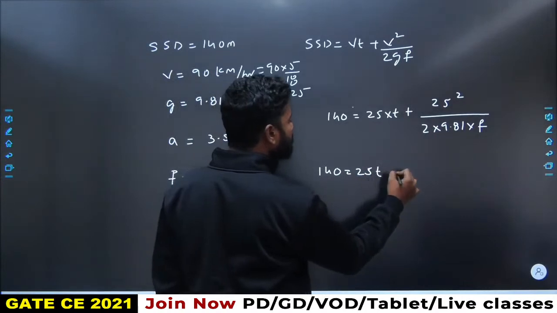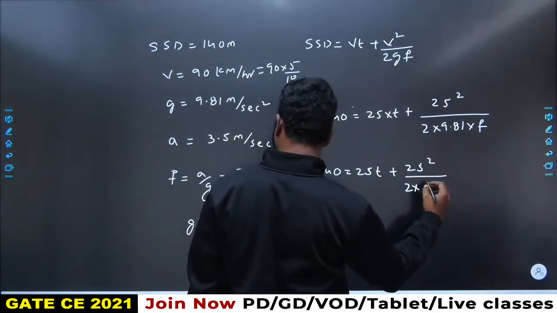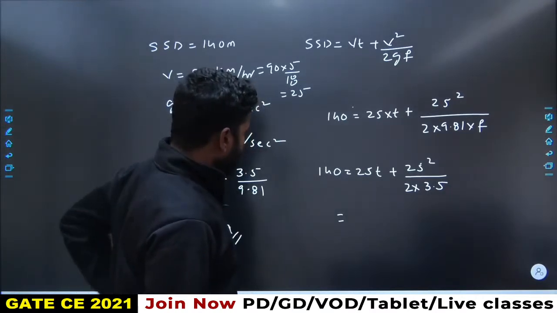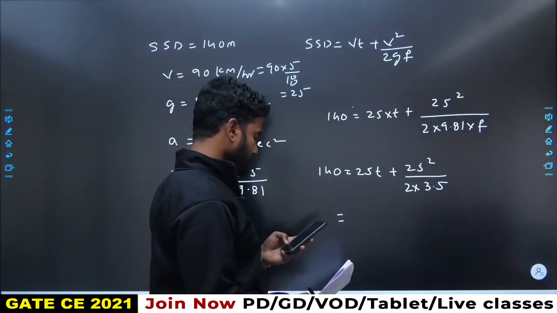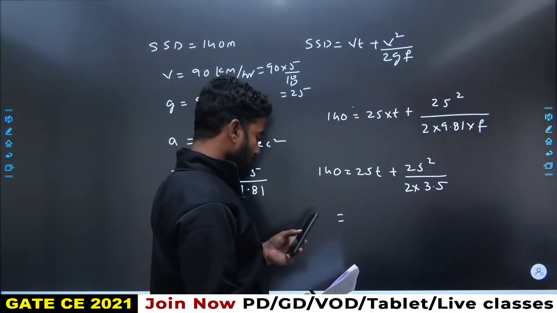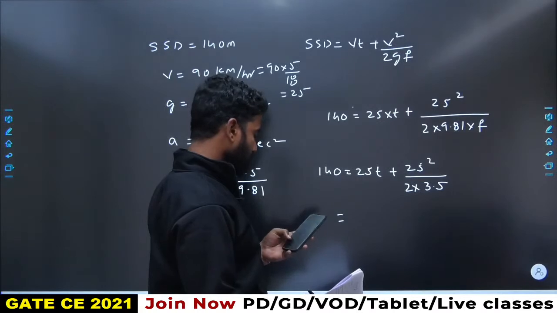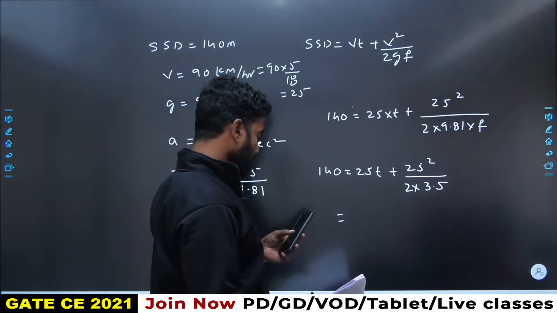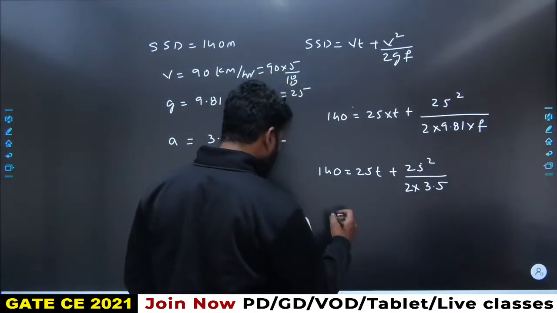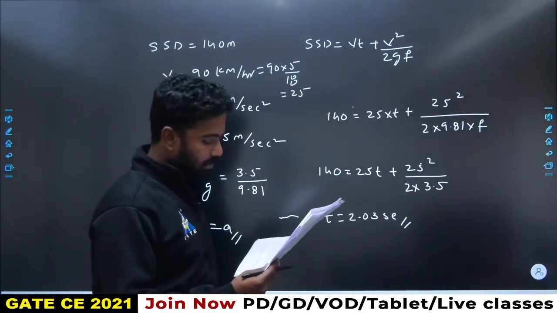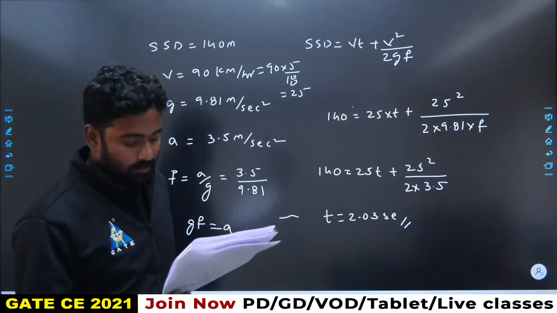So 140 equals 25 times t plus 25 square upon 2 into 3.5. Substituting everything, 25 square upon 2 into 3.5 is 89.29. Then 140 minus 89.29 divided by 25 is approximately 2.03 seconds. You can write down 2 seconds. Very basic question, nothing much in this.